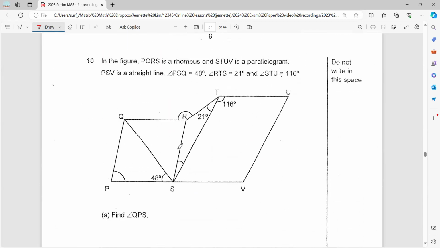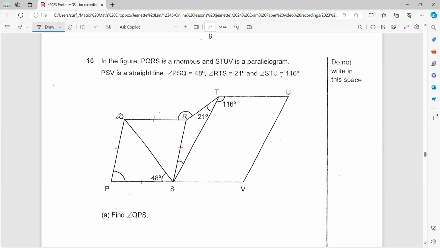Next angle question, we have a rhombus. PQRS is a rhombus. Then we have a parallelogram STUV. PSV is a straight line, and then we have 48 degrees, 21 degrees, and 116 degrees here. So find angle QPS.